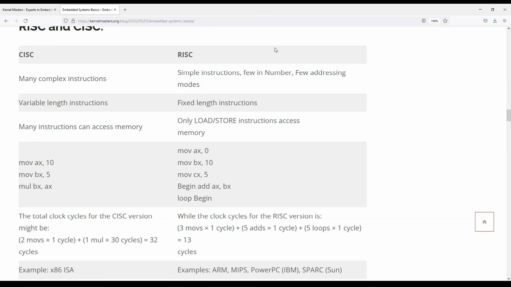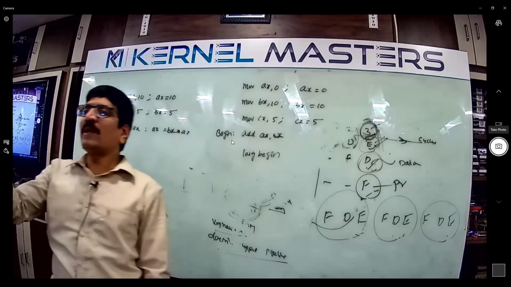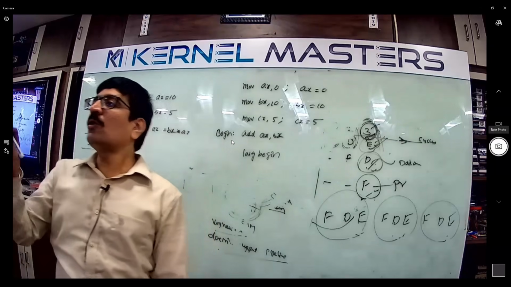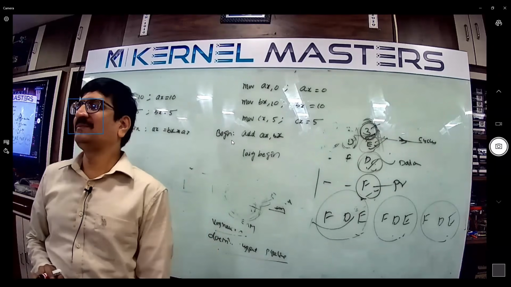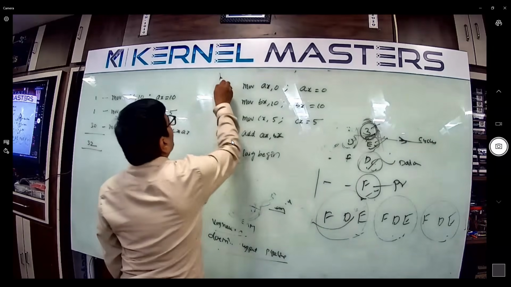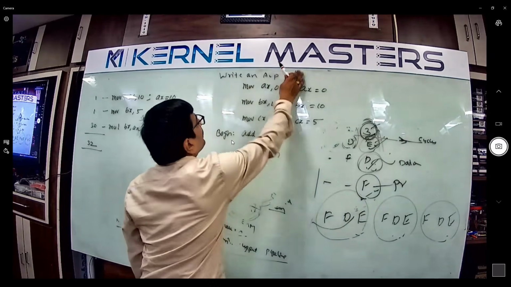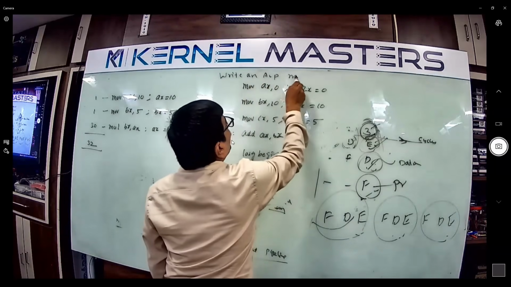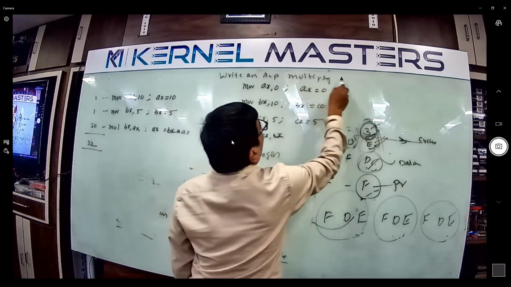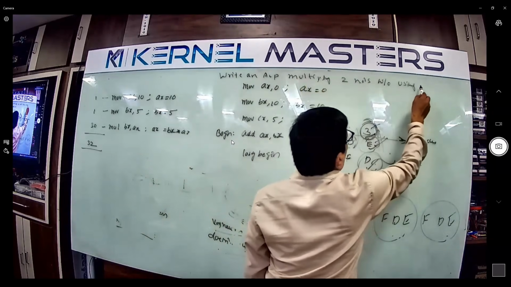The question is simple: write an assembly language program to multiply two numbers without using the MUL instruction.